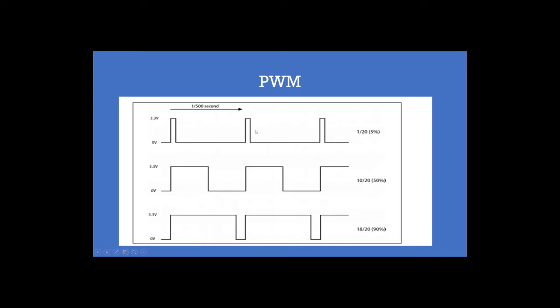Let's see the first pulse, in which only a small portion, that is 5% of the pulse duration, is on, and the remaining 95% is off. This kind of pulse is called a 5% duty cycle pulse.